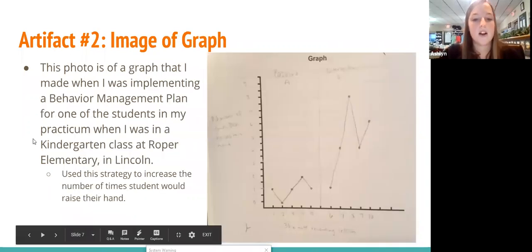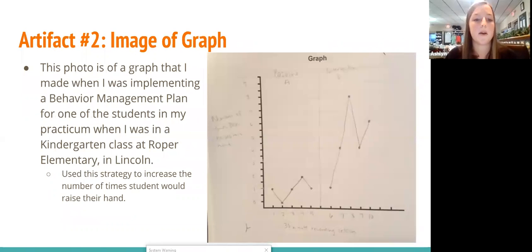My second artifact is an image of a graph. This photo is of a graph that I made when I was implementing a behavior management plan for one of the students in my practicum when I was in a kindergarten class at Roper Elementary in Lincoln. For this assignment, I had to choose a student and find a positive behavior that I wanted to see them increase.